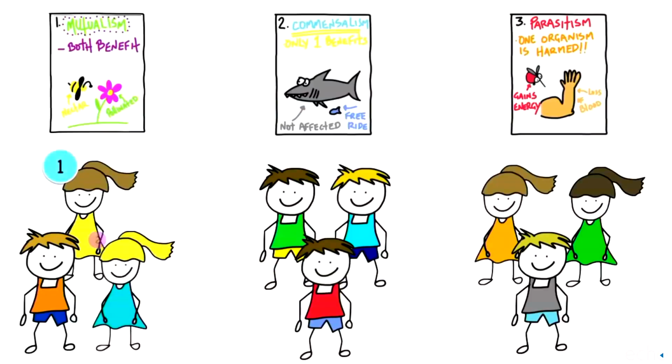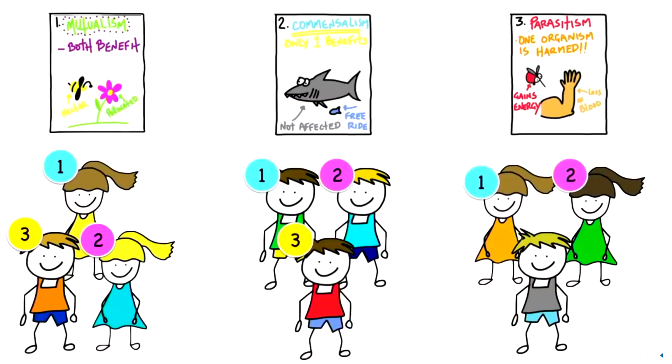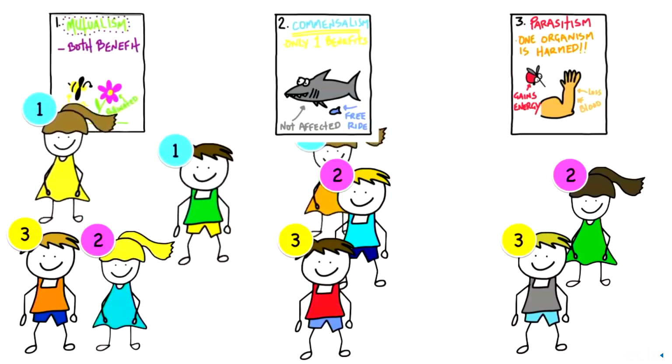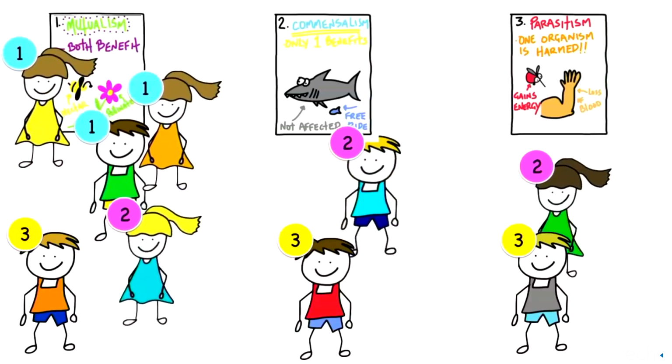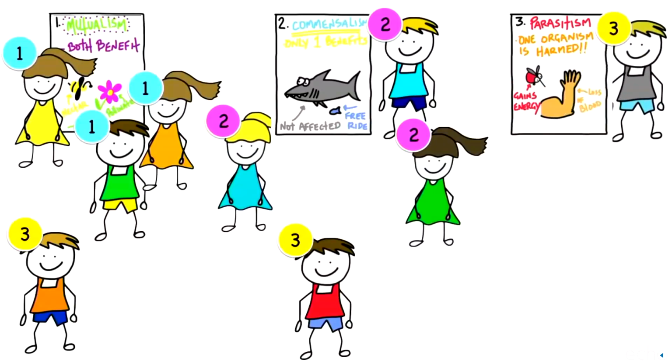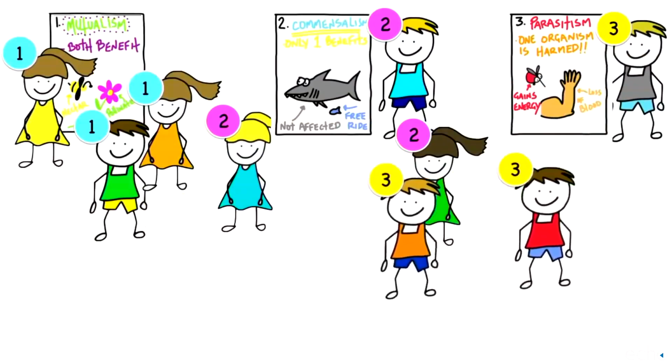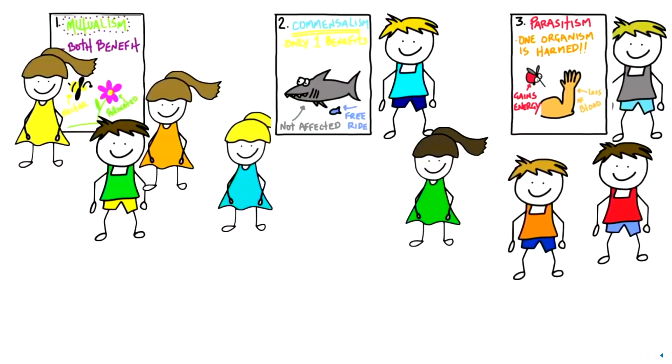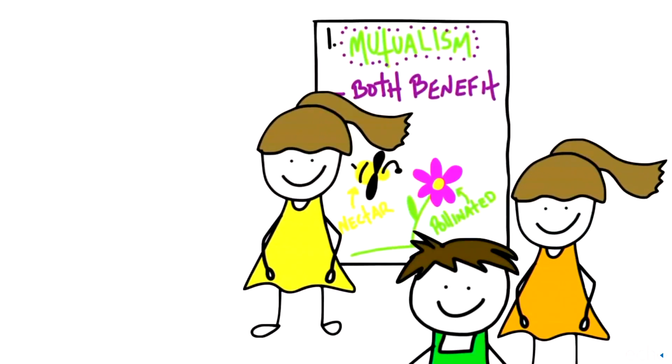Next, your teacher will give you a number by counting off. All of the students who are given the number 1 stand by poster number 1. All of the 2s stand by poster 2, and all of the students who got number 3 stand by poster 3. Look at the poster.